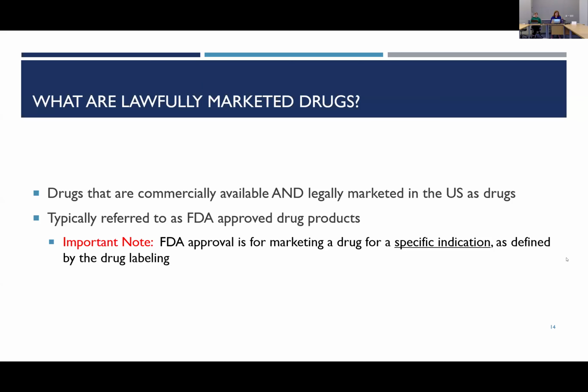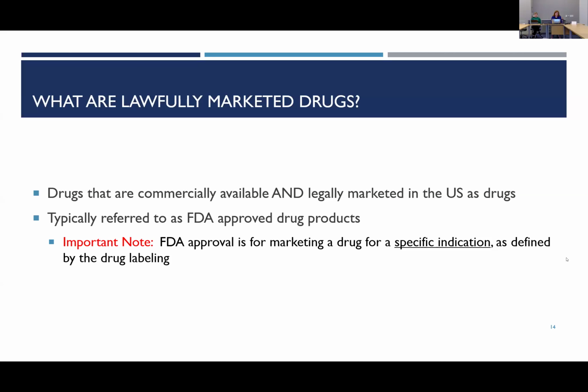All right, so finally, what are lawfully marketed drugs? If you're talking about an IND for a drug that is not lawfully marketed in the US, we need to understand fully what that means. That means that drugs are commercially available and legally marketed in the US as drugs. You can use, interchangeably, FDA approved drugs, FDA approved products, using drugs according to their marketed purpose, anything like that.